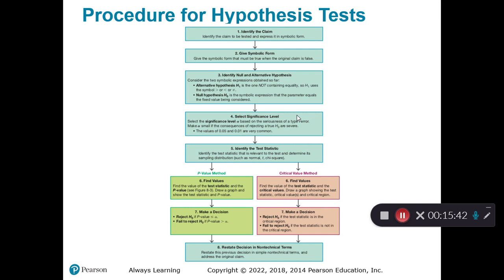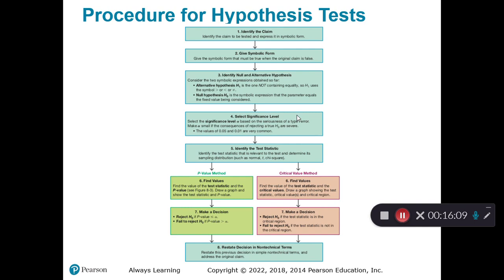For example, if we're conducting a test on a new drug where we really want to make sure that the side effects are minimized before we approve them through the Food and Drug Administration, our significance level would be very different than if we're running a test on whether, let's say, giving students a treat before taking a math exam helps them perform better.